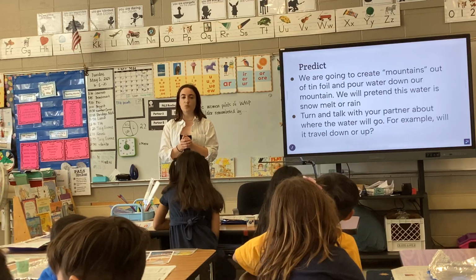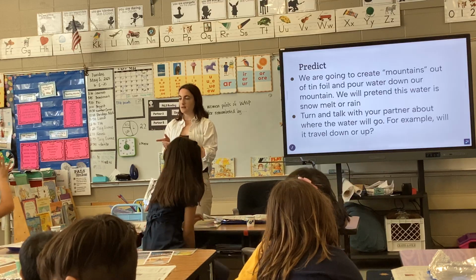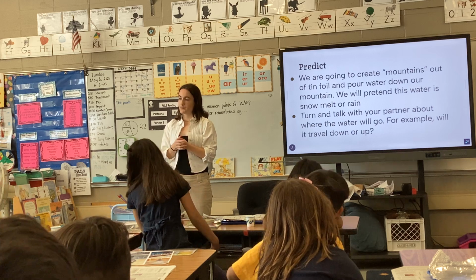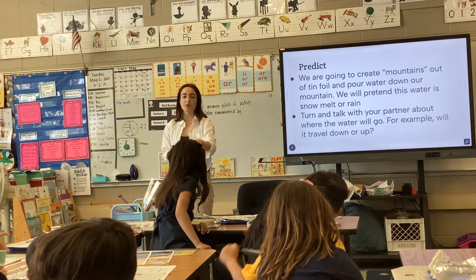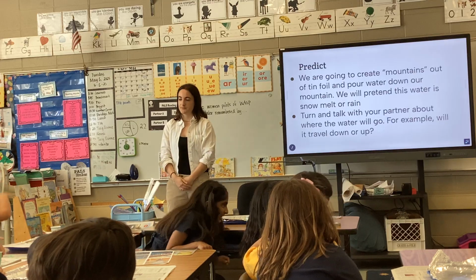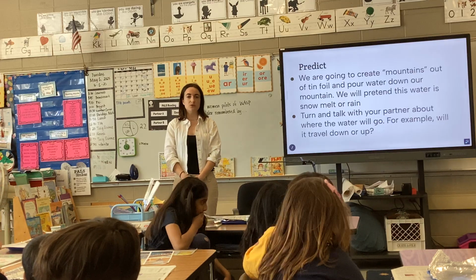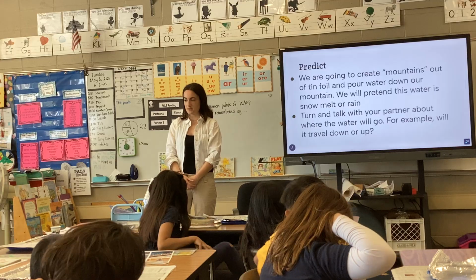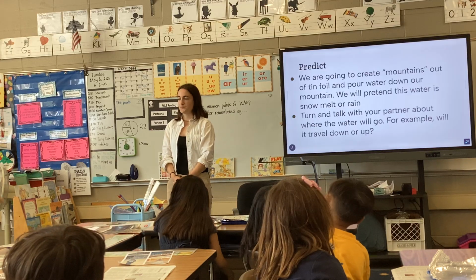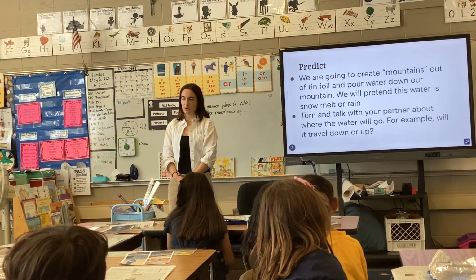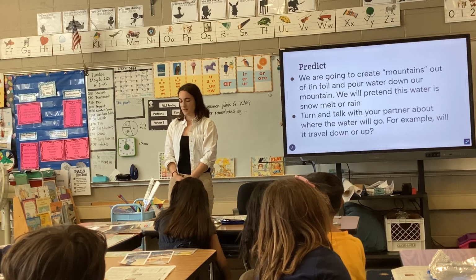So snow is frozen, it's basically ice. And when the sun hits it, it will melt and turn into water. Correct. And if it's on a mountain, it flows down. Yes, correct.